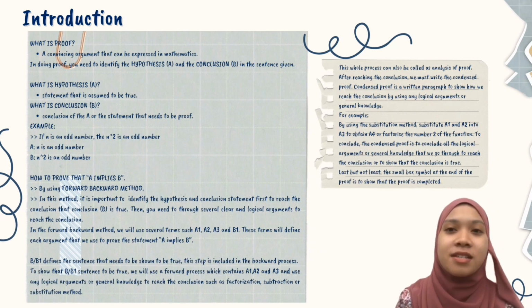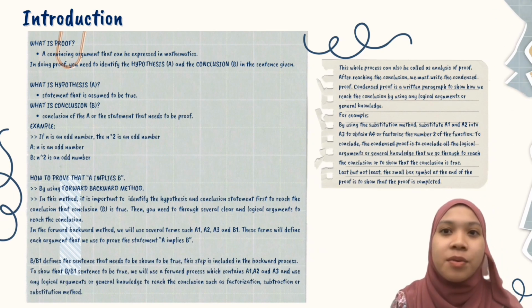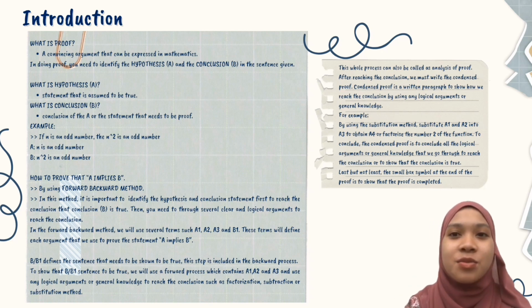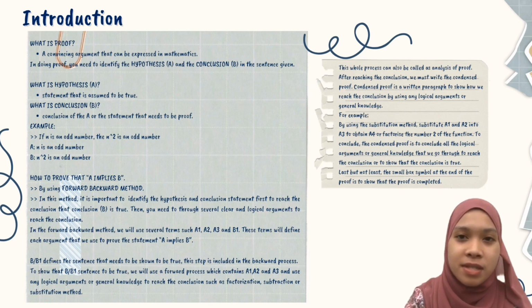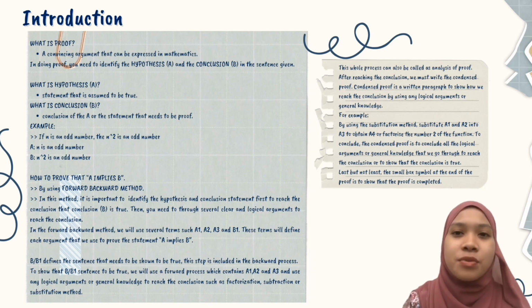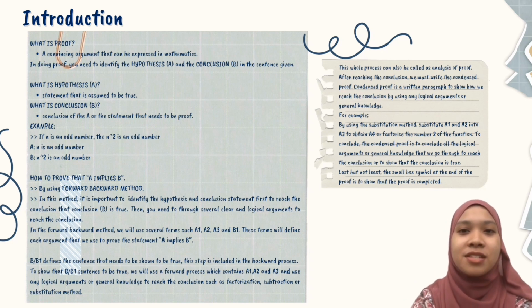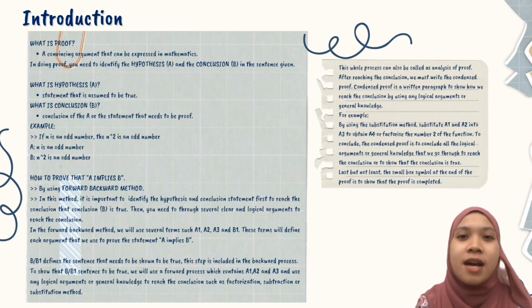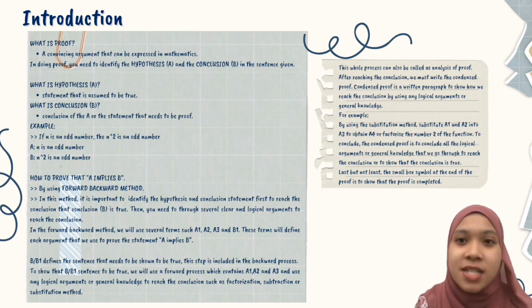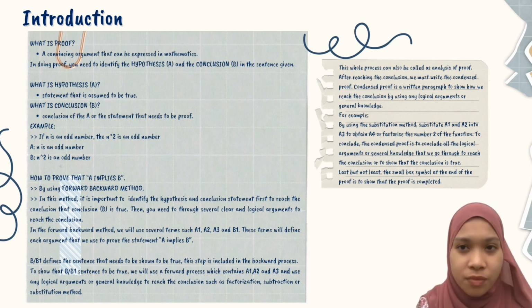So what is proof? A statement is considered as a sentence or proposition that will be either true or false, or a convincing argument that can be expressed in mathematics. So in doing proof, you need to identify the hypothesis and the conclusion in the sentence given. Hypothesis is the sentence that is assumed to be true, while conclusion is a statement that needs to be proved.